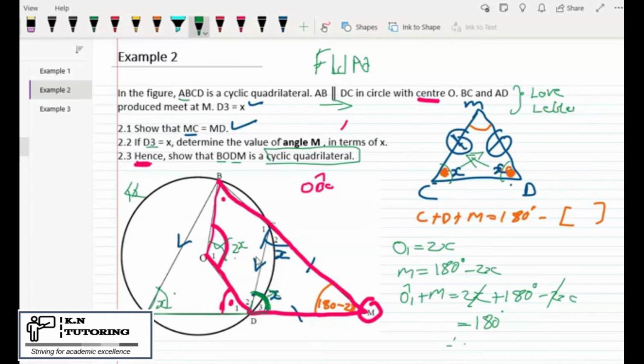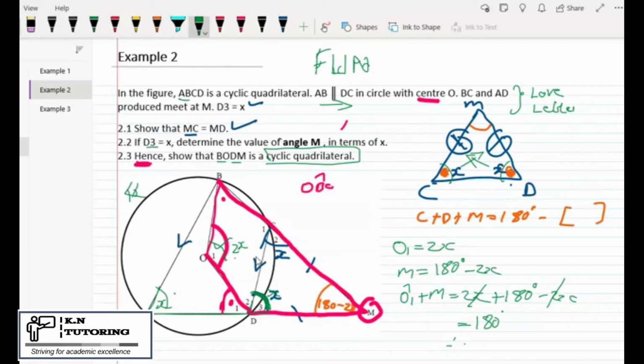What did we learn about proving that two lines are equal? Those two lines are going to form an isosceles triangle. And how do you determine that the lines MC and MD are equal? By proving the base angles equal.